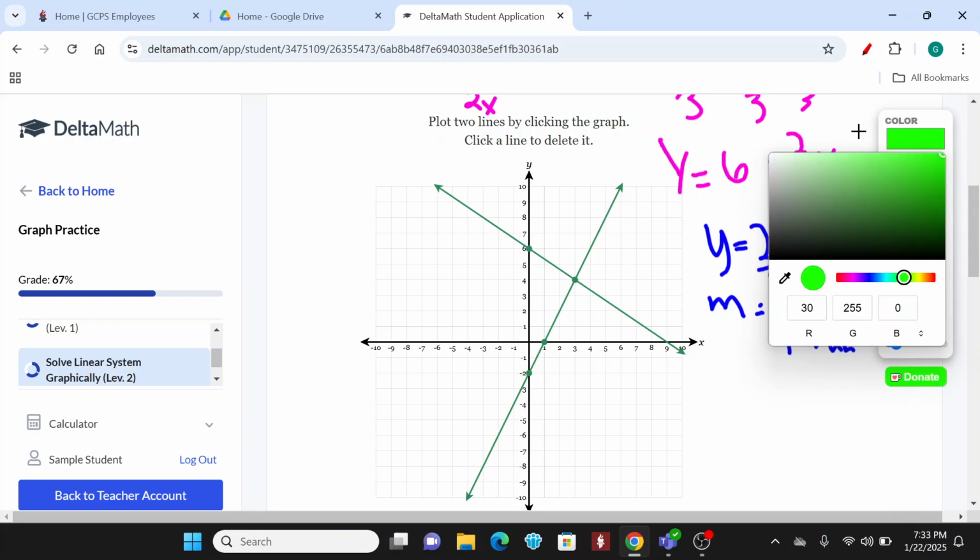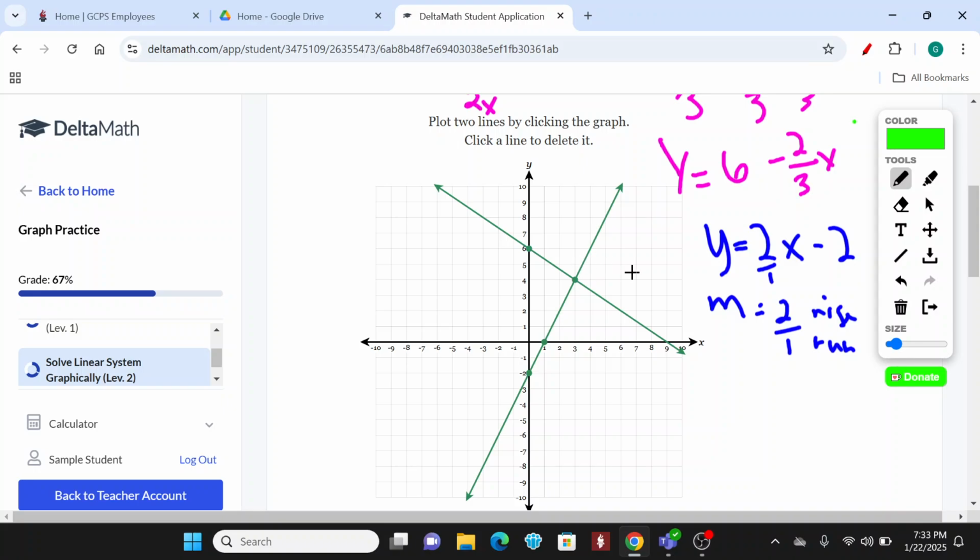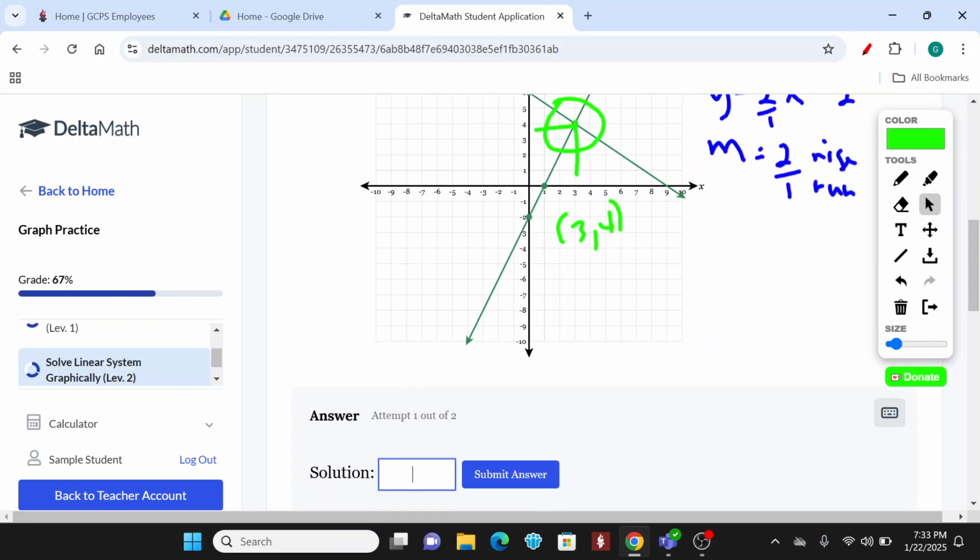The only difference is that our solution is where they have intersected. So this point here is 3, and then our y is 4. And that is our point of intersection. So that makes it our solution. So let's go ahead and try it out. 3, 4.